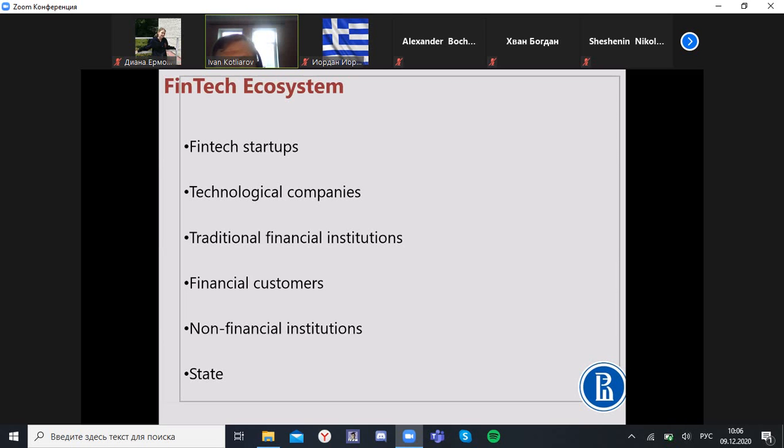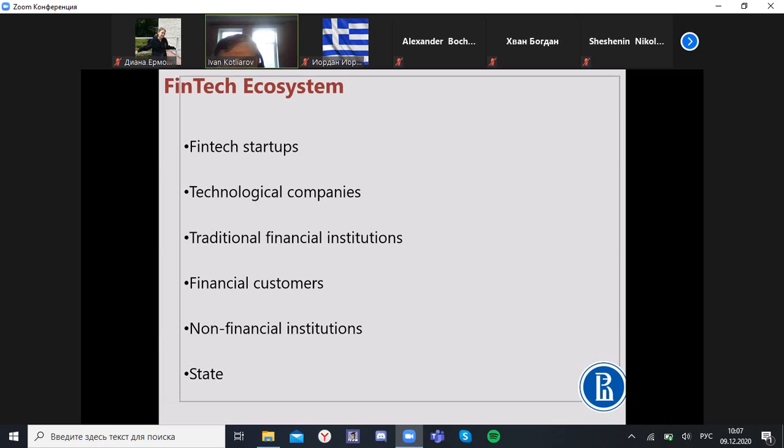Traditional financial institutions, obviously, they also participate in this ecosystem. Financial customers, all types of customers, debtors, owners of money, etc. So all potential customers of financial services.